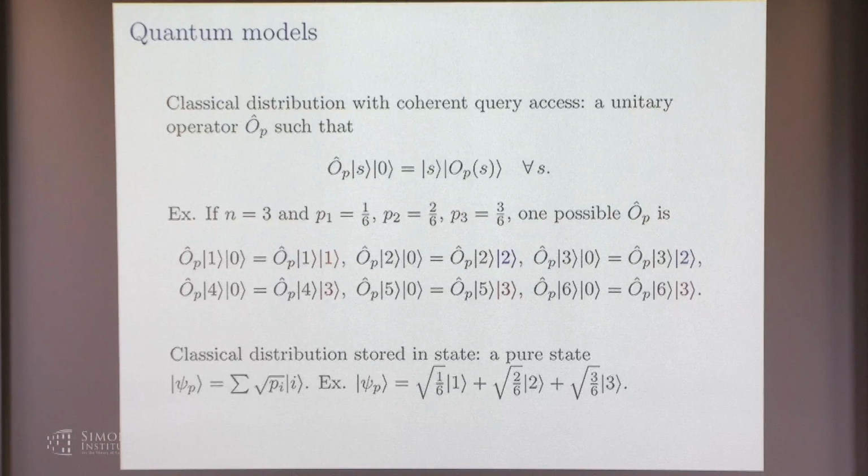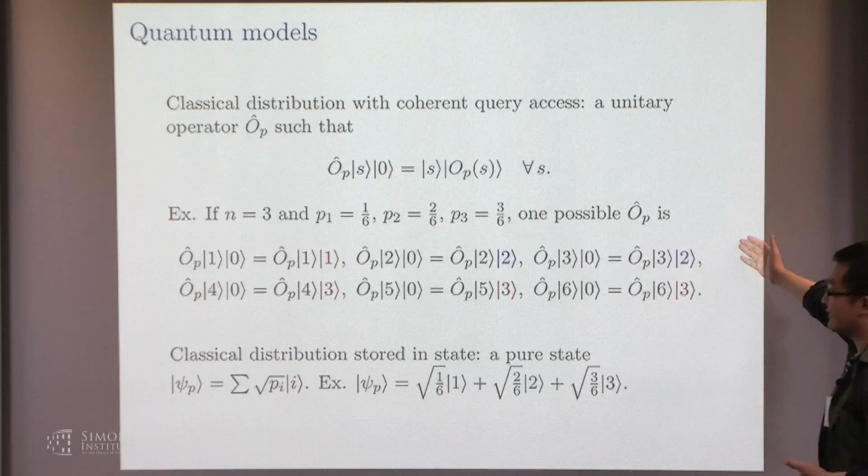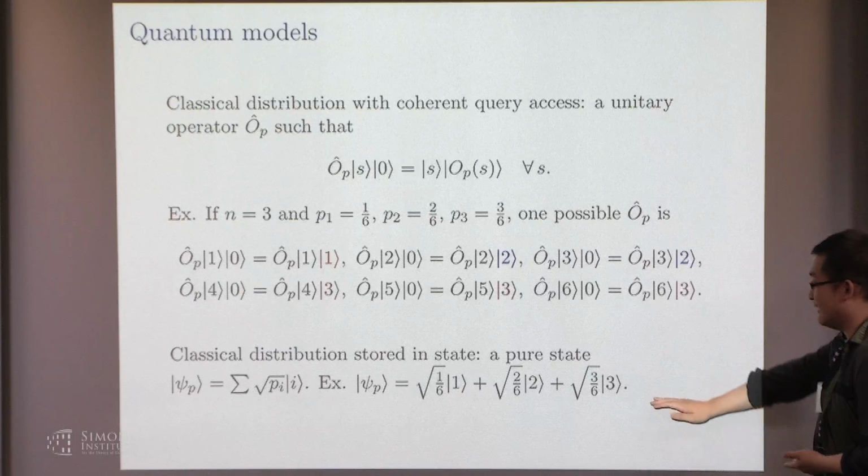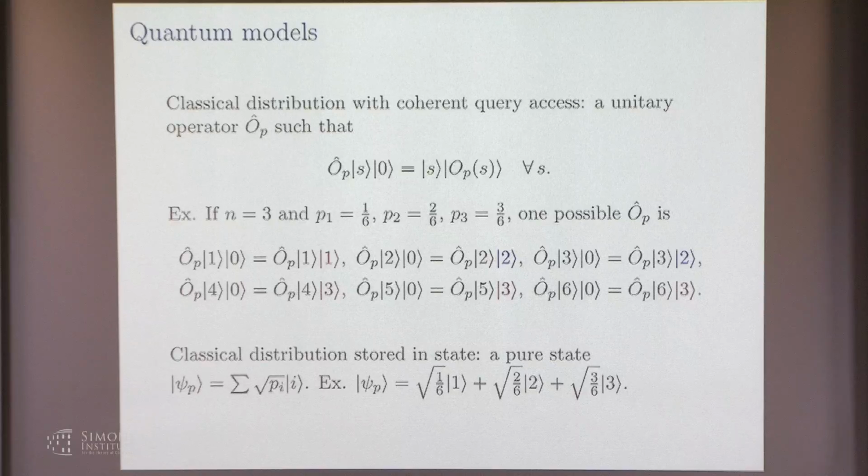This is the model we used for the entropy estimation project, and there are other possible models we can study. For instance, you can consider a classical distribution stored in a state, such as a superposition of 1, 2, and 3. These are different perspectives of learning the states, still focused on classical distributions.